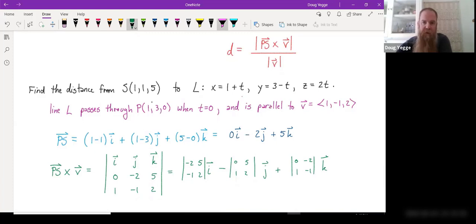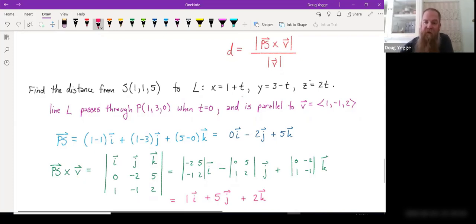All right, well, that must mean that PS cross v is going to be negative 4 minus negative 5, or 1i, minus. Now we cross multiply again, we get 0 minus 5, which is negative 5. So minus negative 5 gives plus 5j. Plus, and now we have 0 minus negative 2, which is plus 2k.